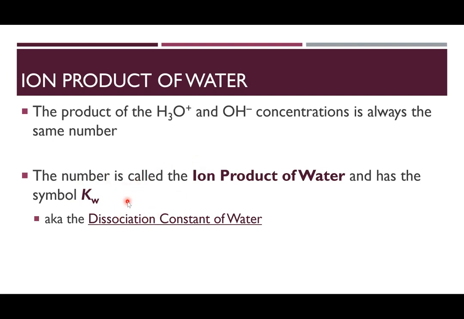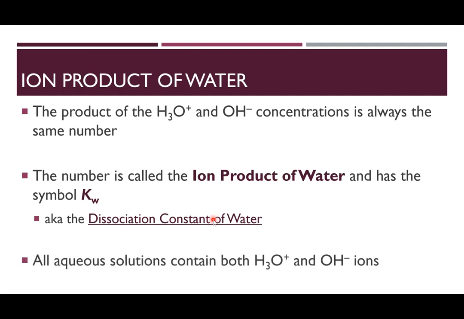Old school, it's called the dissociation constant of water. This is actually how I learned it when I was going through chemistry. So ion product of water, dissociation constant of water. Again, they mean the same thing. And just to reiterate, all aqueous solutions contain both ions.